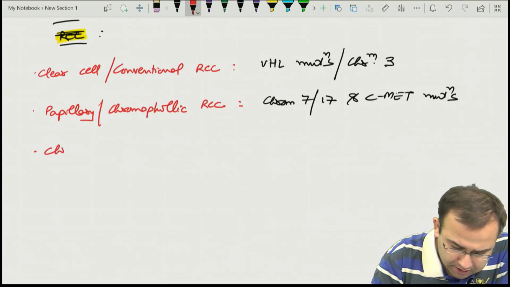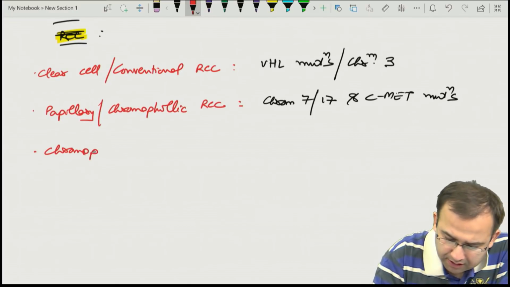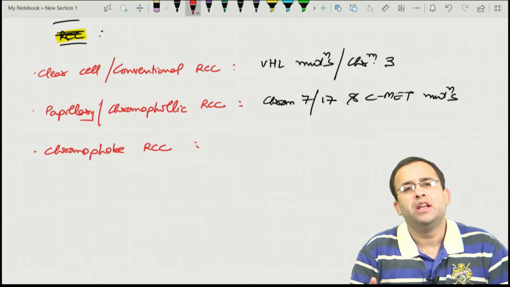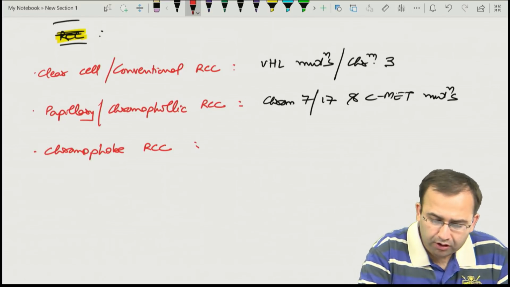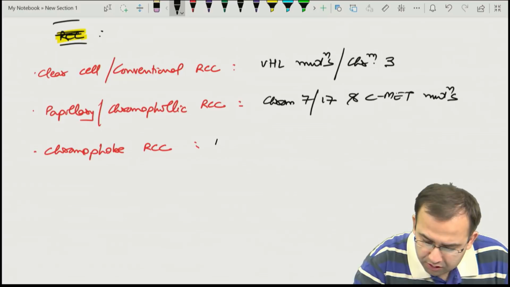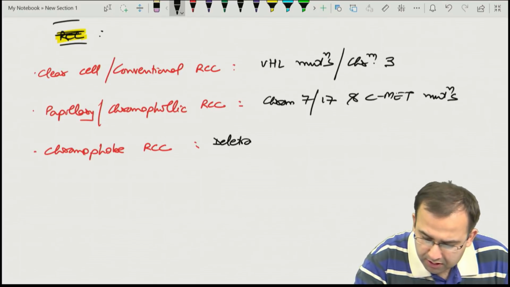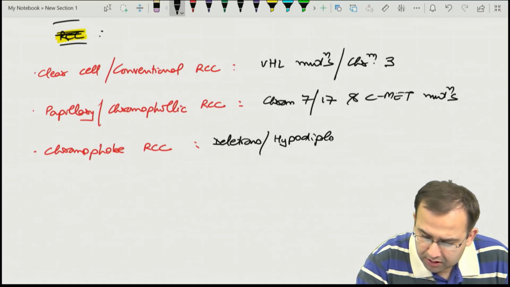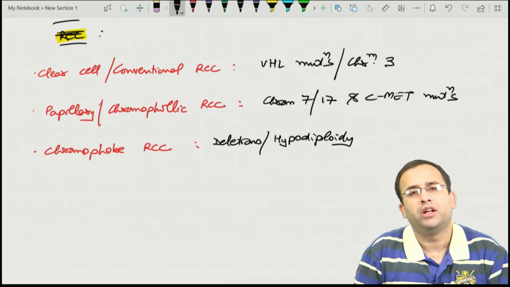And the last is chromophobe RCC. The name tells you it is phobic of all the chromosomes, so it is associated with deletions or hypodiploidy.